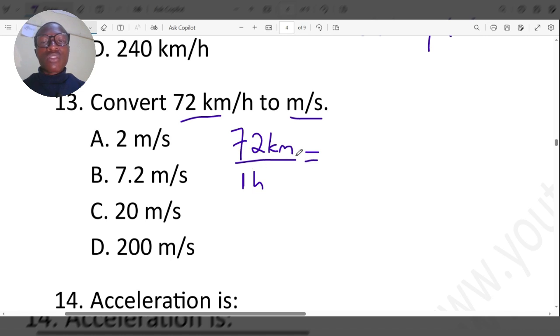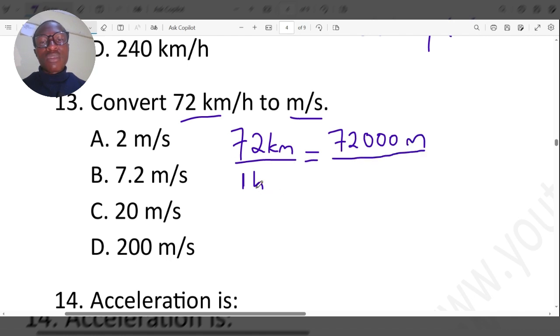We already know that 1 kilometer equals 1,000 meters. If you're not sure about that, you can write the relationship and then convert to meters, and from there you will get 72,000 meters, because 1 kilometer equals 1,000 meters.